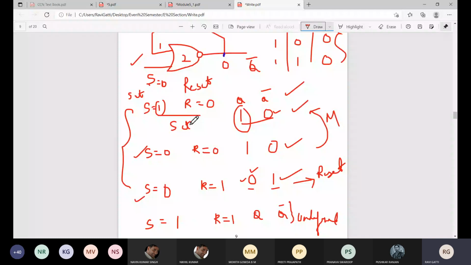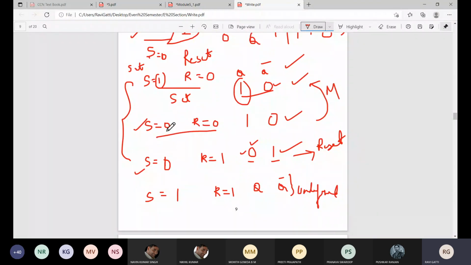When S is equal to 0 and R is equal to 0, the output remains as it is, whatever the previous output was. We call it the initial state.